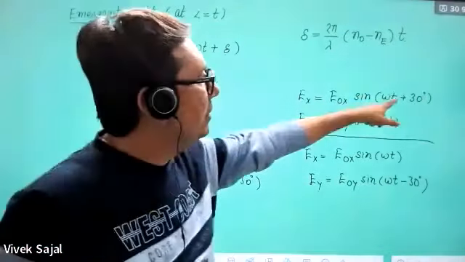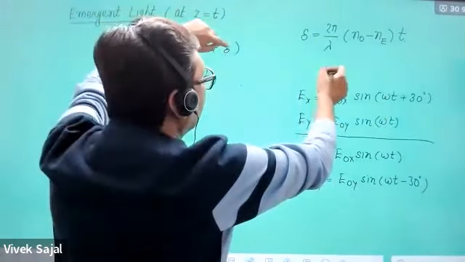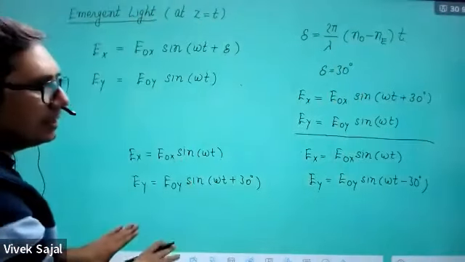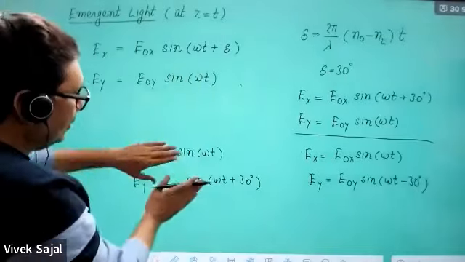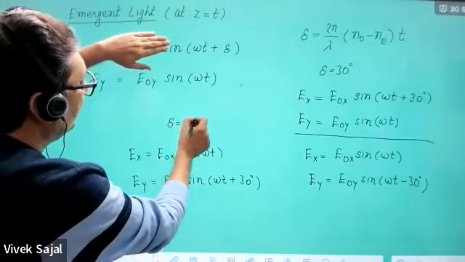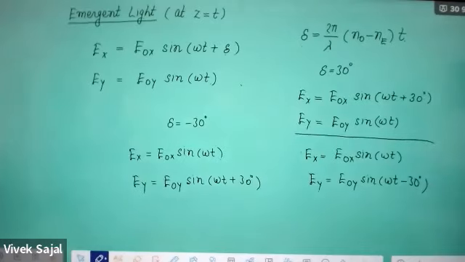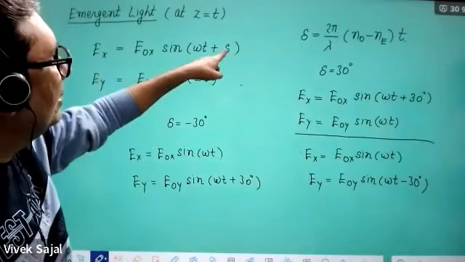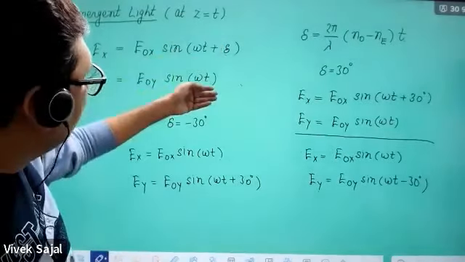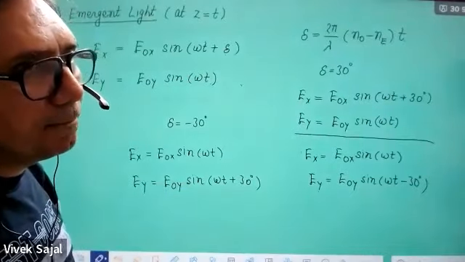If your equation is like this, ठीक है, suppose this is the situation, what is the value of delta here? Delta is 30 degree. And if your equation is like this, then automatically this equation can be written like this, but what will the value of delta be here? That will be minus 30 degree. Both are the same. Try to understand. So if I'm writing delta is minus 30, then when you take this minus 30, in the y equation that will become plus 30. Is it okay, what I'm saying?